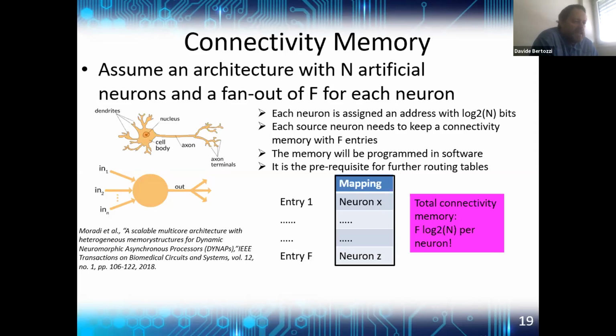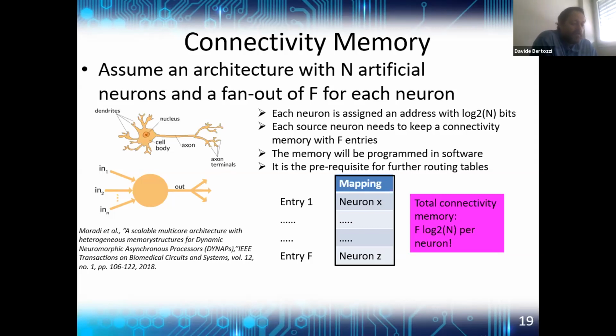So this is very expensive, if you think about it. This is extremely expensive. While this scheme and the use of this connectivity table can support any type of connectivity, it is very wasteful in case of spiky neural networks that have only specific structures, partial connectivity.